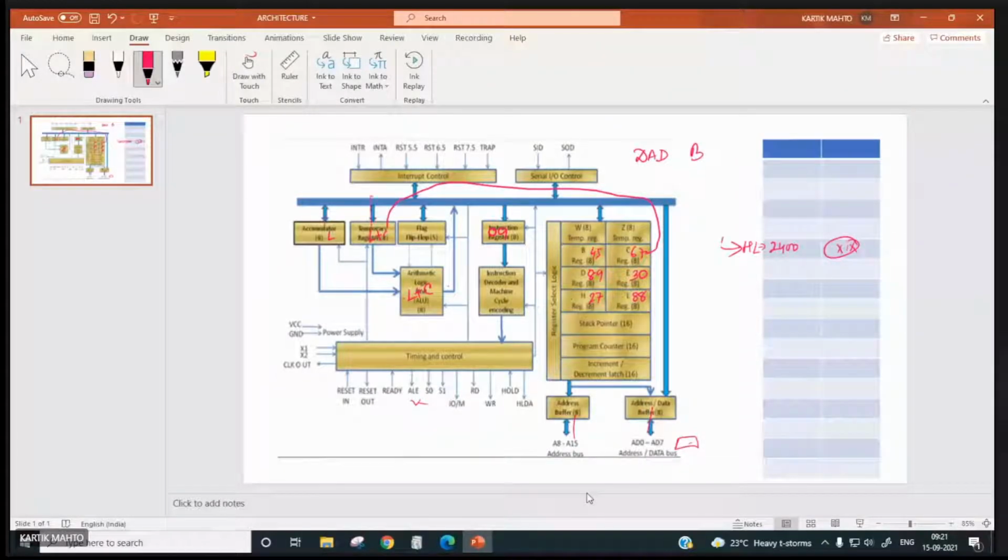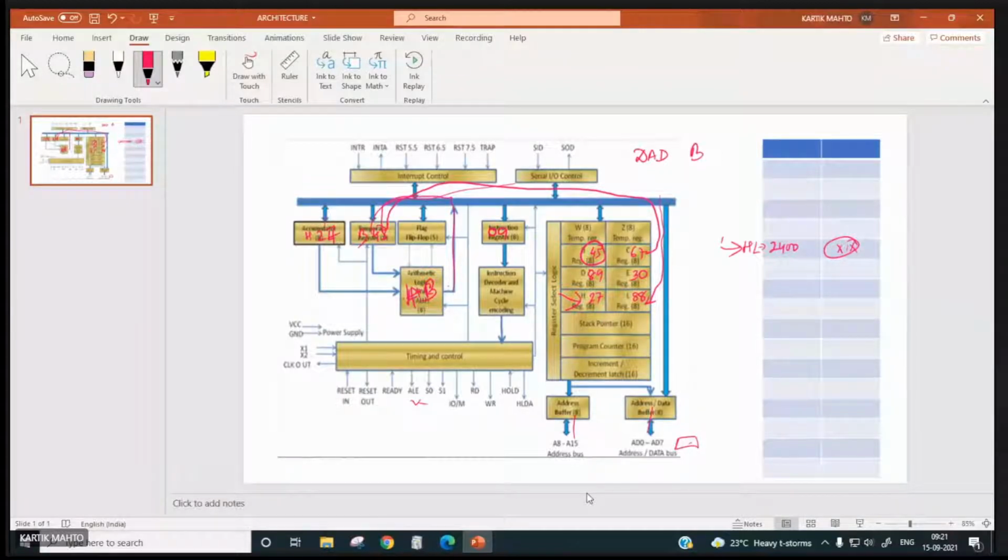Then from here it will go back to the L register. Then B will be copied to temporary. 4, 5 will be over here. H will be copied over here, which will be 2, 7, and it will be B. So H plus B will be done. The result will be stored back in the temporary, H plus B. Then it will come back to the H register.